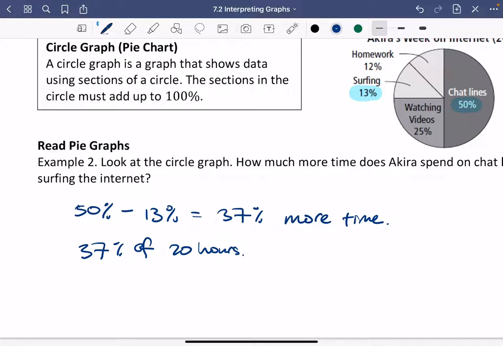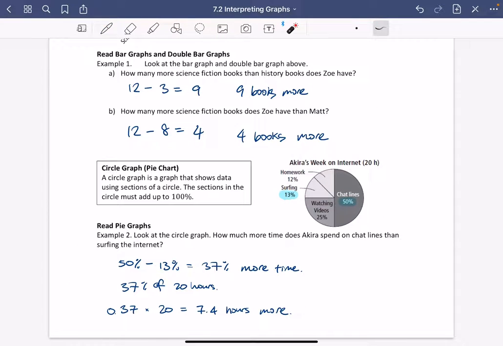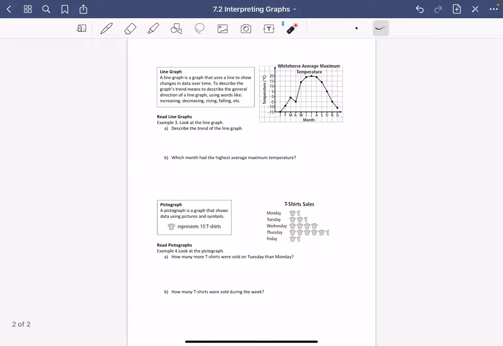When we calculate it, it will be 0.37 times 20, because of means times, and that gives me 7.4 hours more. So when you subtract the percentages, it only gives you the percentage, not the exact number of hours. If you want to find the exact number of hours, you need to multiply the percent by the total number of hours.